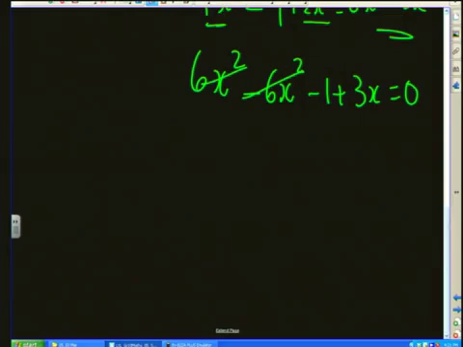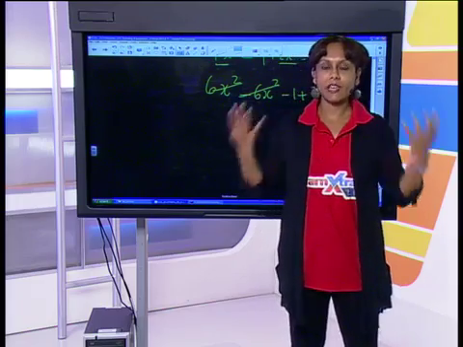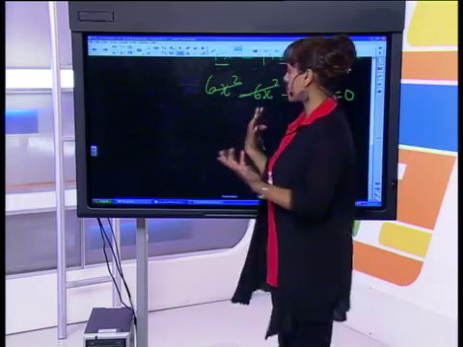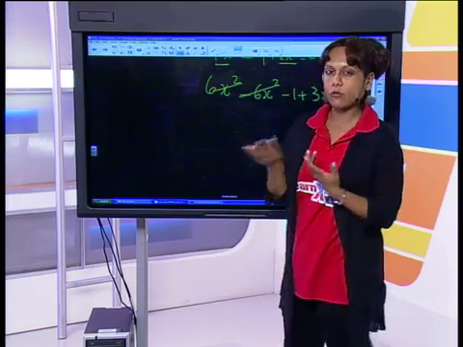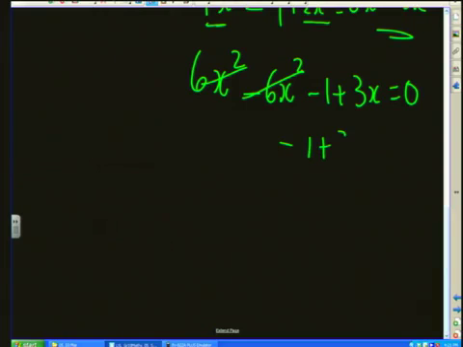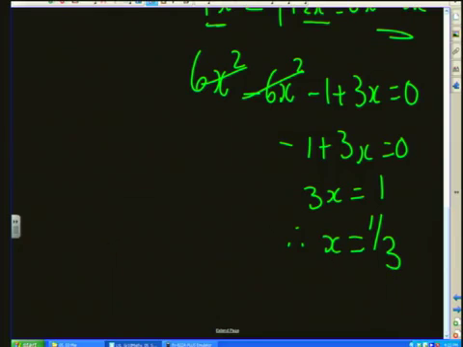So this no longer is a quadratic equation because there's no x squared term to solve for, because it's now being cancelled out. So therefore, you're now left with just a straightforward linear equation. So we've got minus 1 plus 3x is equal to 0. In fact, we could have kept the minus 1 on the other side. So 3x is equal to 1. Therefore, x is equal to a third.